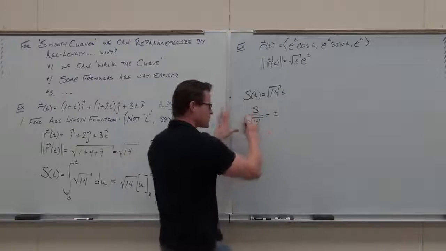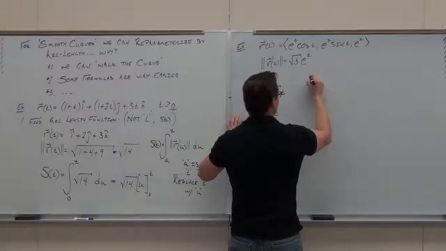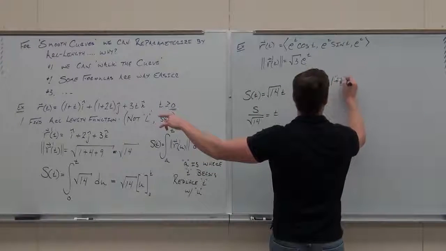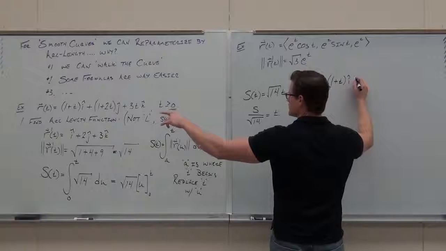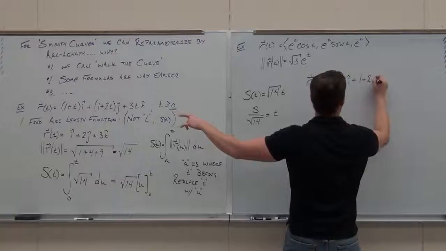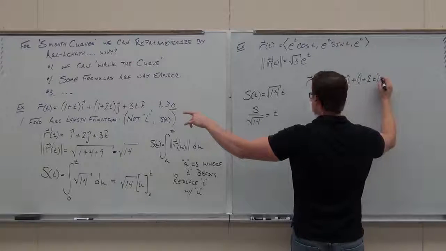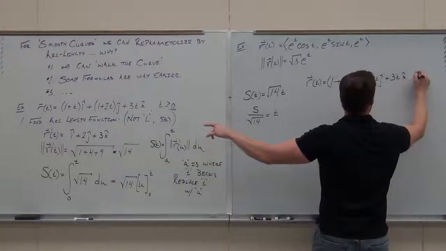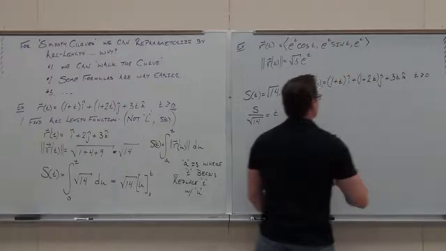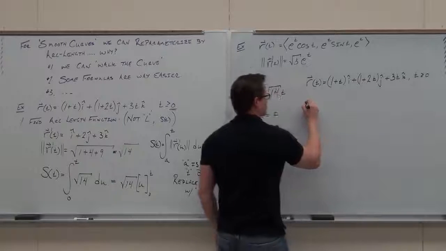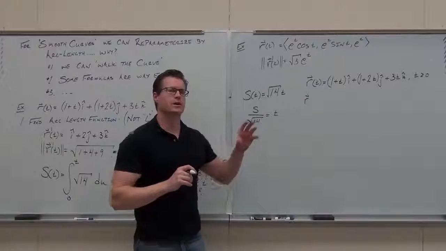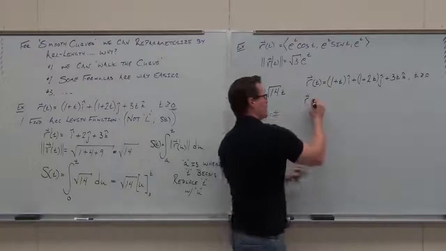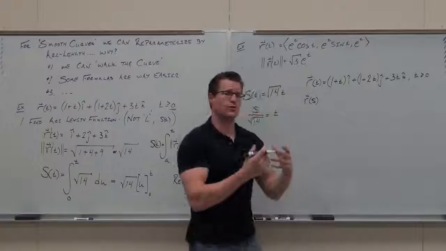So if we substitute this in, this now becomes this. Instead of r of t, I now have r of s. It's now in terms of arc length.